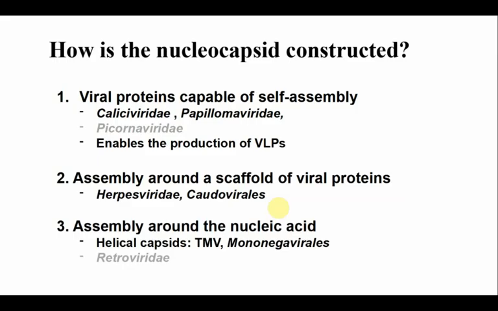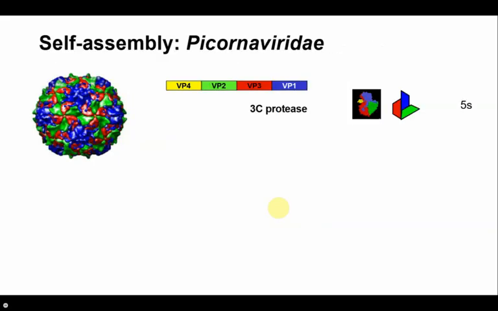Okay, so it's the interaction between the virus genome and the capsid proteins which will start the process of capsid formation. So that's true for viruses with helical capsids, like, as we'll see, tobacco mosaic virus, a plant virus, and all the negative strand RNA viruses. Also true for retroviruses, to a certain extent.